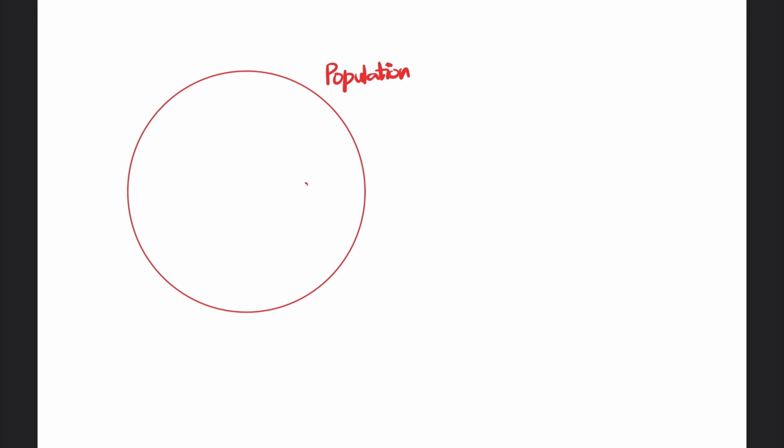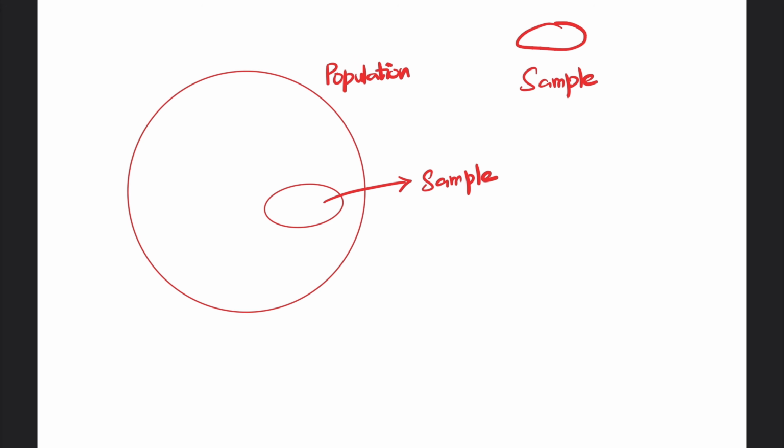Among the population, we take a tiny sample. Think of it like taking a slice out of a pizza. Think of this as the sample. From the sample, I want to test all my observations.